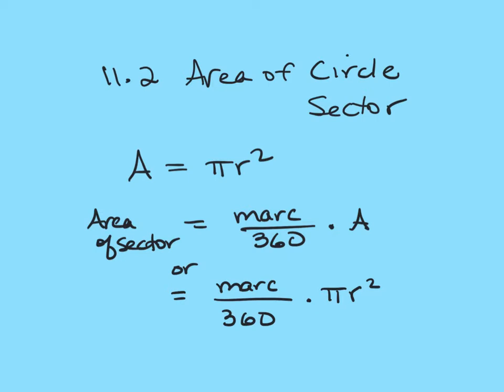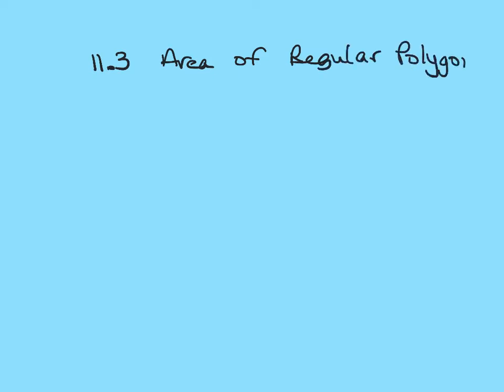The next section was 11.3, and this was area of regular polygons. The formula that we learned to find the area of a regular polygon is area is equal to 1/2 the apothem times the number of sides times the side length.